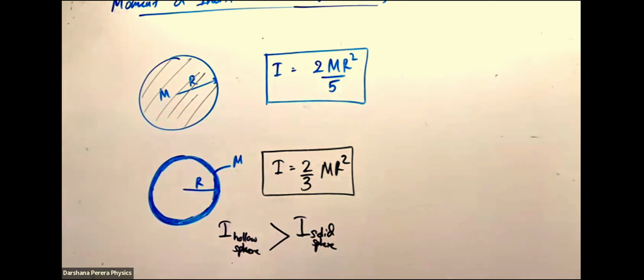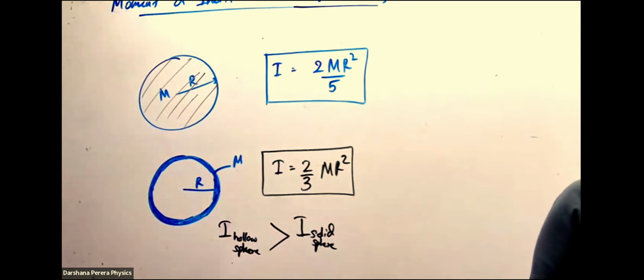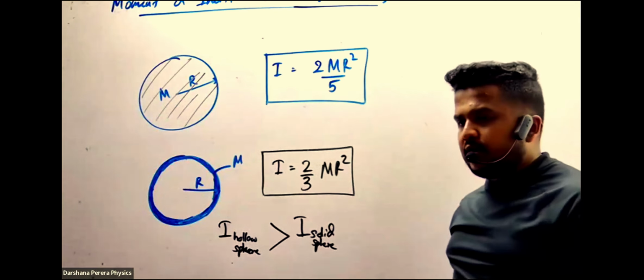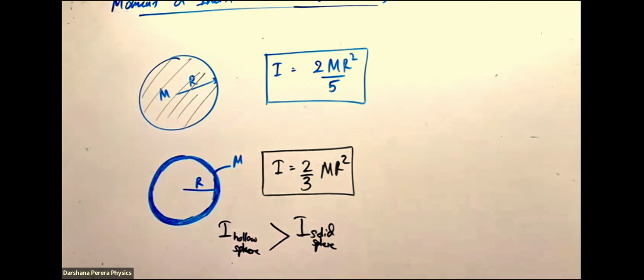Therefore, the moment of inertia of the hollow sphere is higher than the moment of inertia of the solid sphere. Okay.